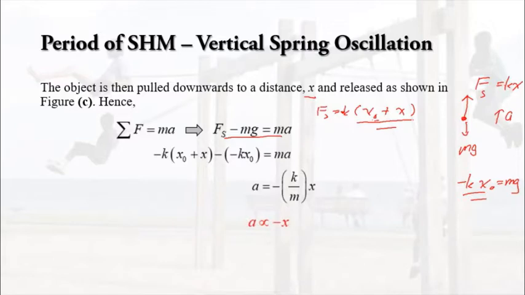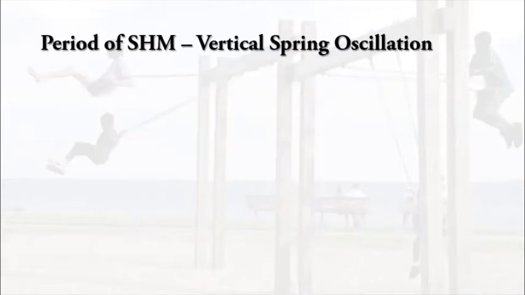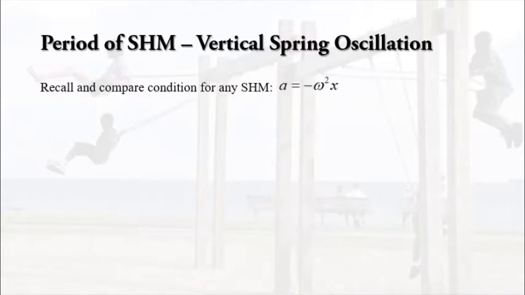So we know that a is directly proportional to negative x. Therefore, we can say vertical spring oscillation also exhibits simple harmonic motion. Basically, I'm going to repeat the same thing: compare with the general equation a equals negative omega squared x. Remember, this is a general equation that can be used in any situation.